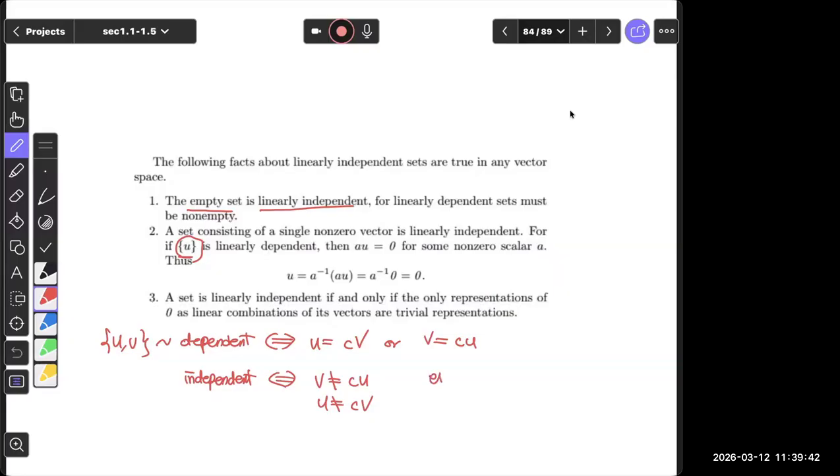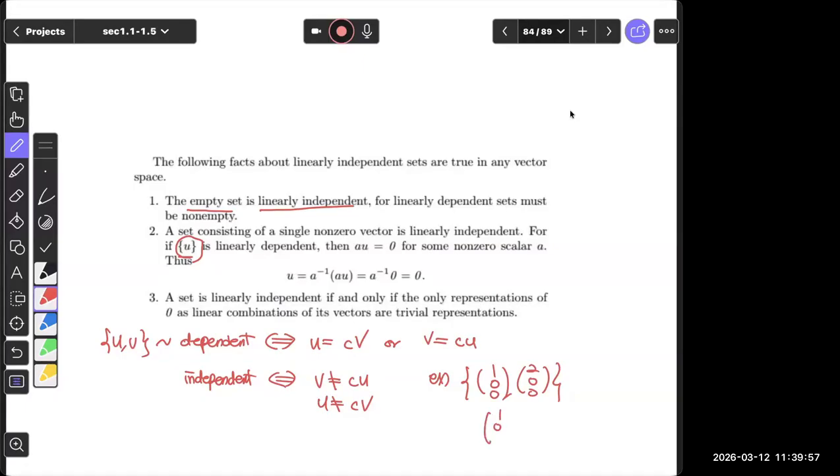So, as an example, if I consider (1, 0, 0) and (2, 0, 0), (2, 0, 0) is a multiple of the (1, 0, 0) vector, so the set is linearly dependent.